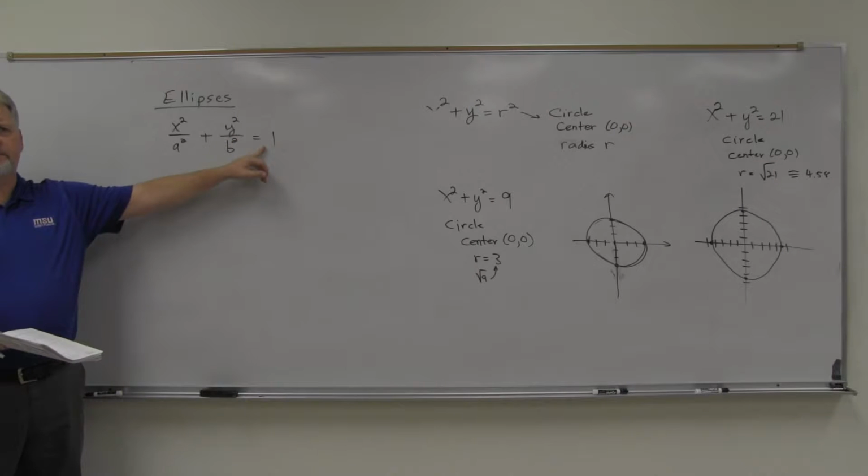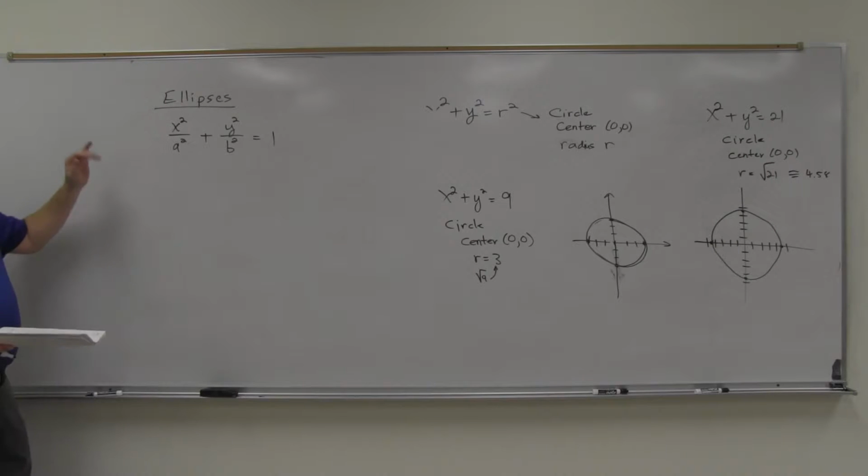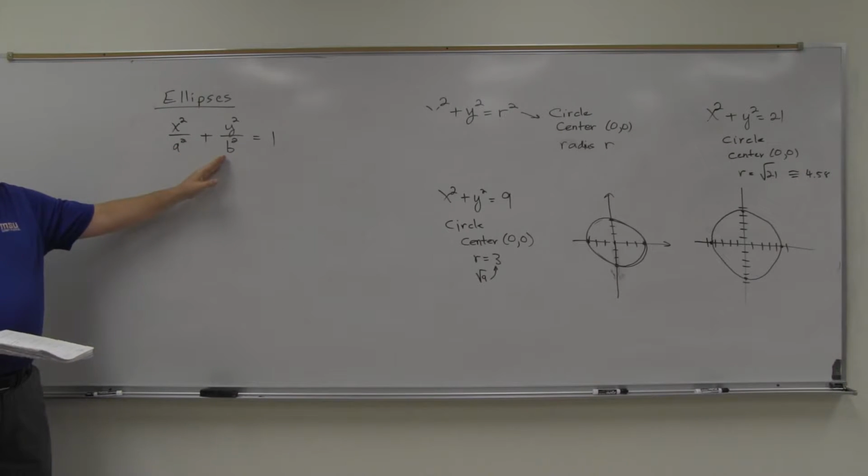I mentioned this previously, you want that one side to be 1. If it's not 1, you want to make it be 1 by dividing. We'll do one maybe. But typically on the ellipse, they want the a squared to be bigger than the b squared, a bigger than b.